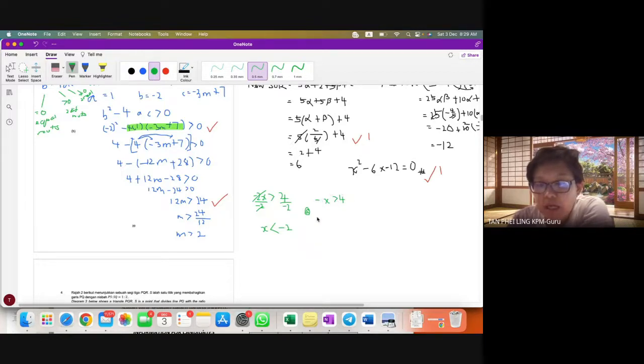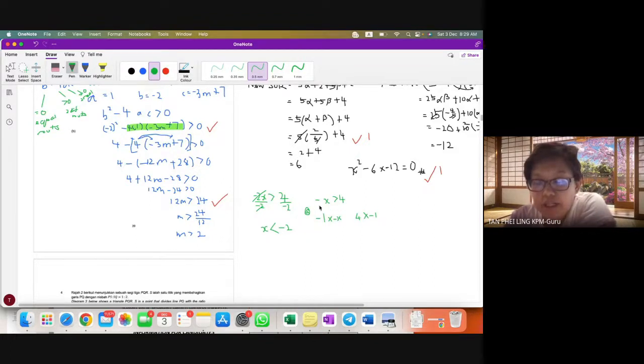Alternatively, besides divide, you can times. You take the negative x and times with negative 1 on both sides. Once you times with negative 1 on both sides, the symbol has to change. So negative x bigger than 4.